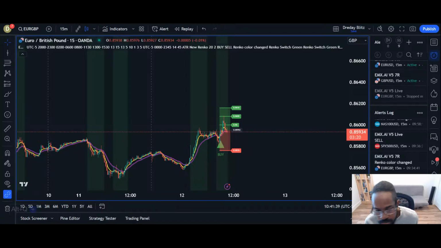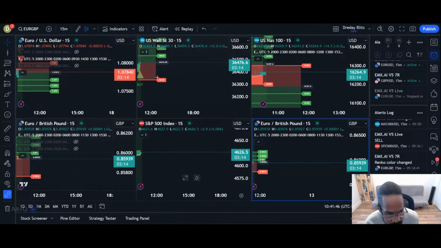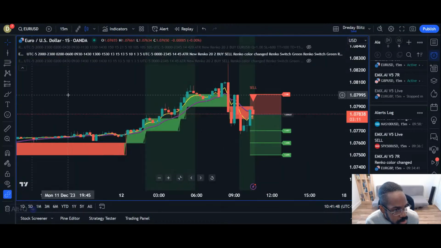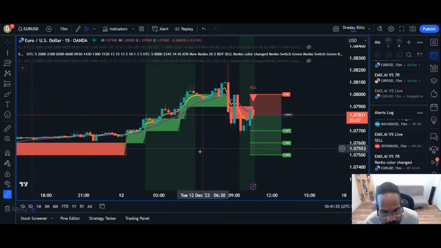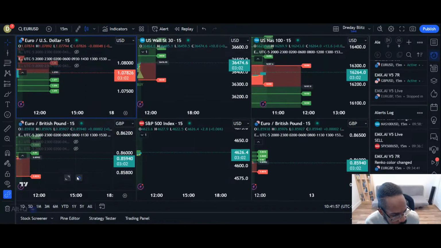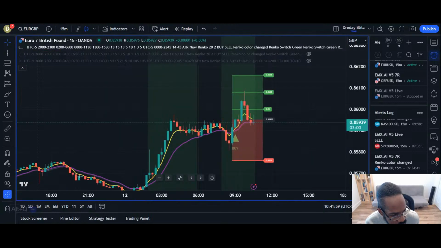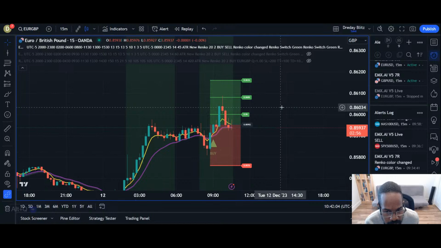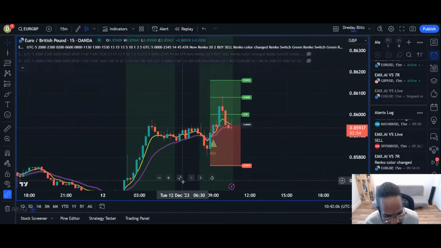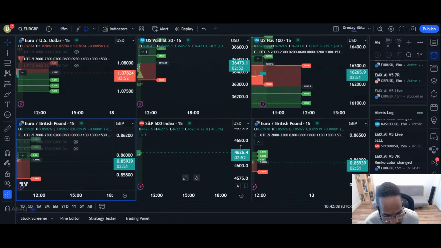All right, since there are no other questions, guys, we're going to close it out and reconvene tomorrow. CPI news did a big move in most of the markets. But I'm still looking bullish on GBP USD and Euro USD.